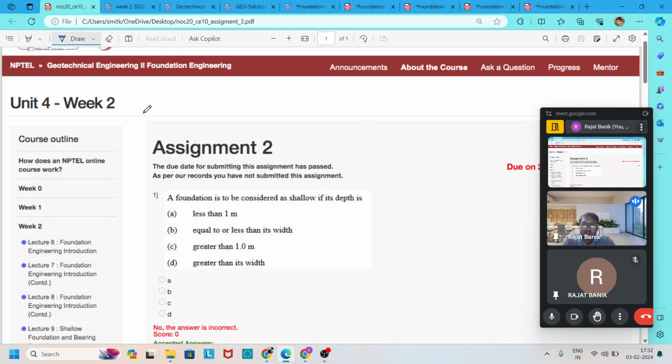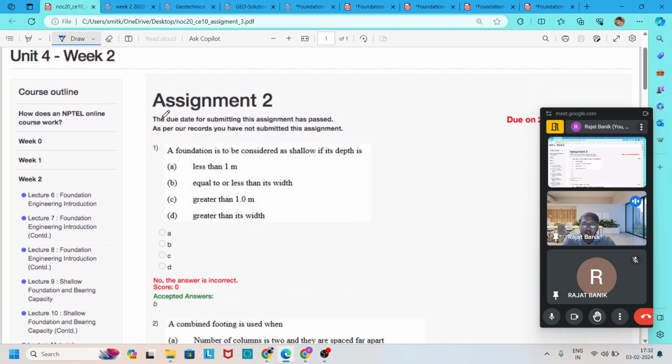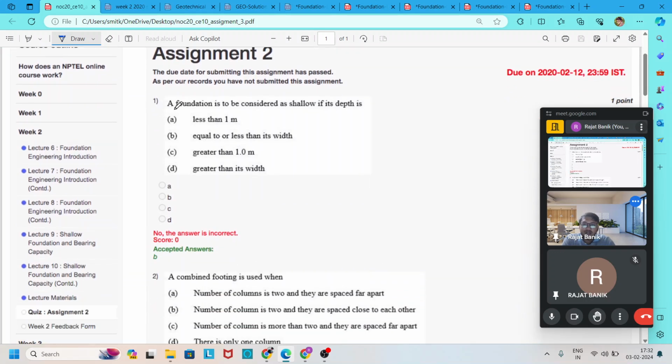So in 2020, the first question asks that a foundation is to be considered a shallow foundation if the depth of the foundation is less than or equal to its width.